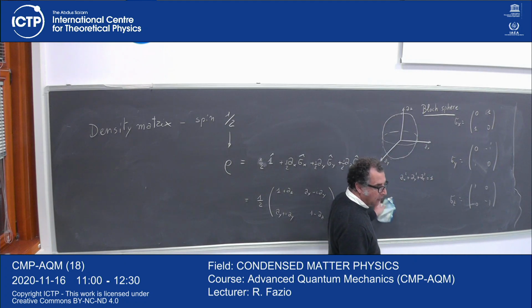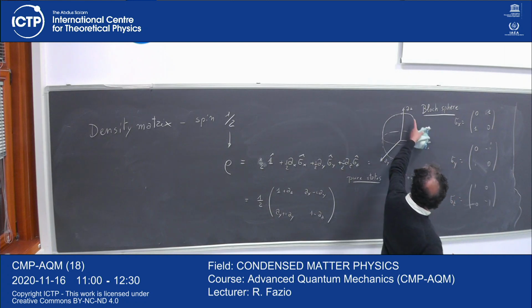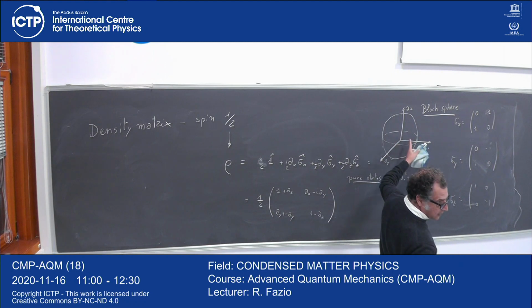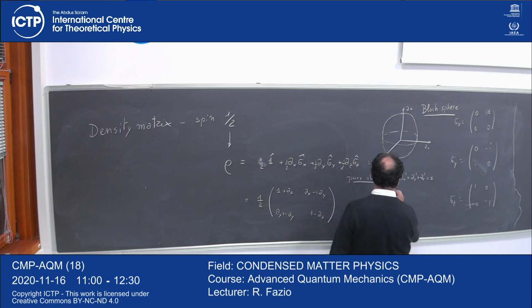Since you have this condition, you can parameterize it with 2 angles. It's like going to polar coordinates, right? If you want to characterize a point on the surface of this sphere, you just need 2 angles, right? And you can write it like this.